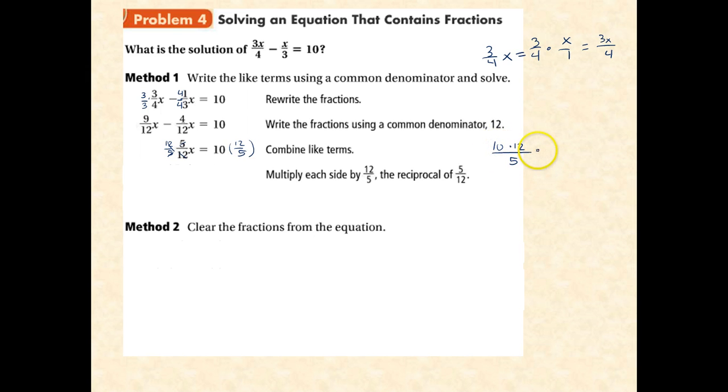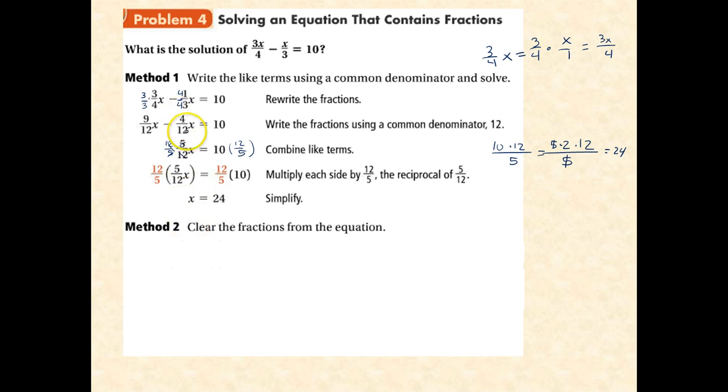But I know that 10 is 5 times 2, so 5 times 2 times 12 over 5, and then 5 divided by 5 is 1, so all that's left is 2 times 12, which is 24. So we get x equals 24.